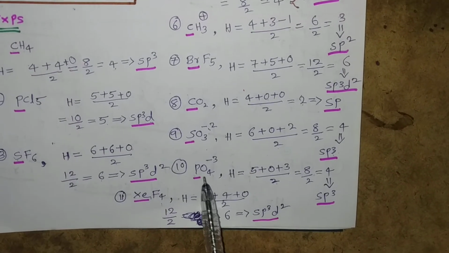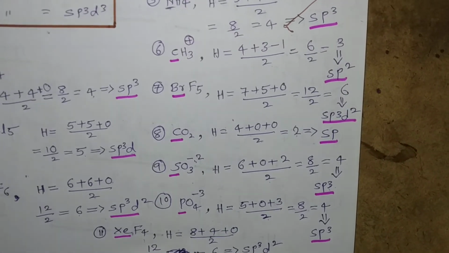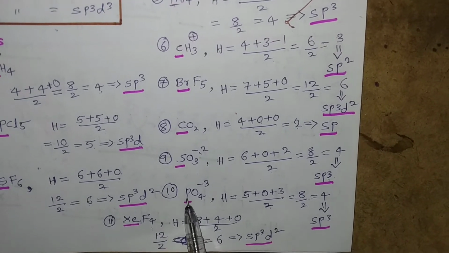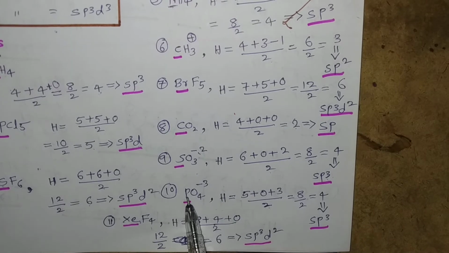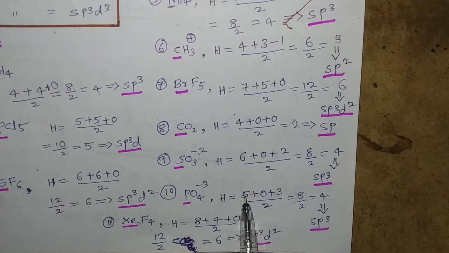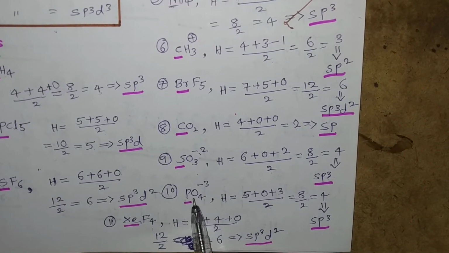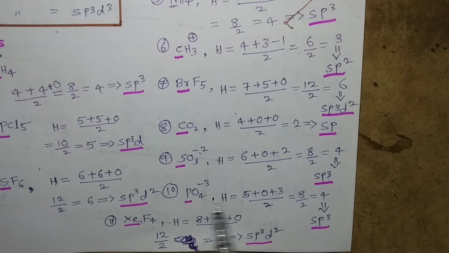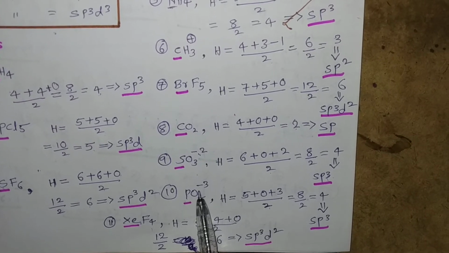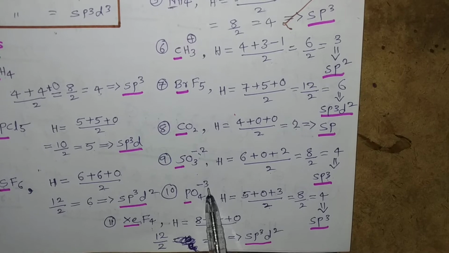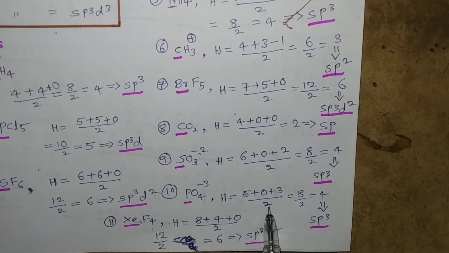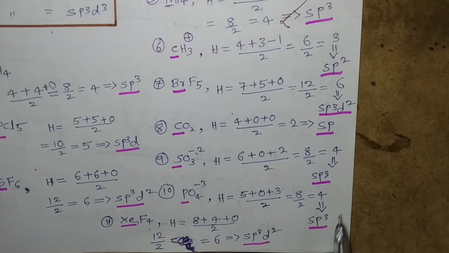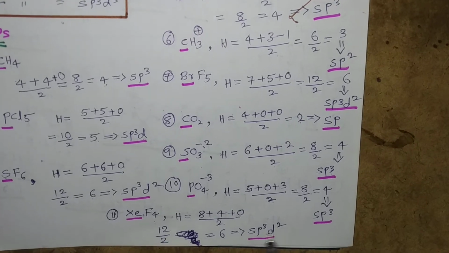Next, PO4 3 minus. In this, phosphorus is the central atom, it belongs to 5th group, group number 5, and oxygen is divalent, so it is neglected, 0, and minus 3 means adding 3 electrons, plus 3 by 2, 8 by 2, 4, sp3 hybridization.